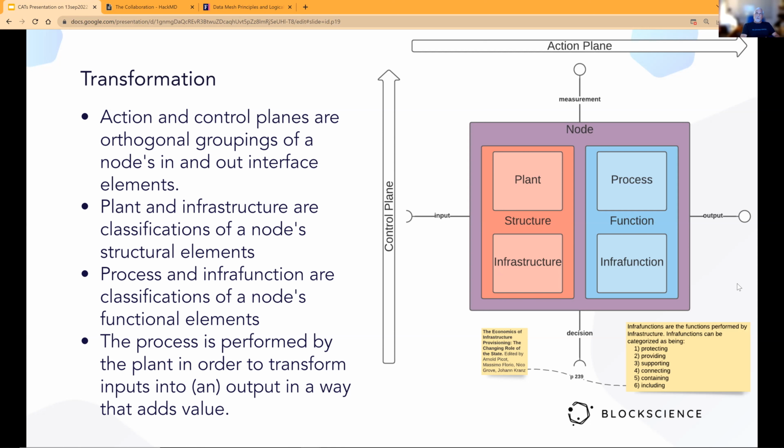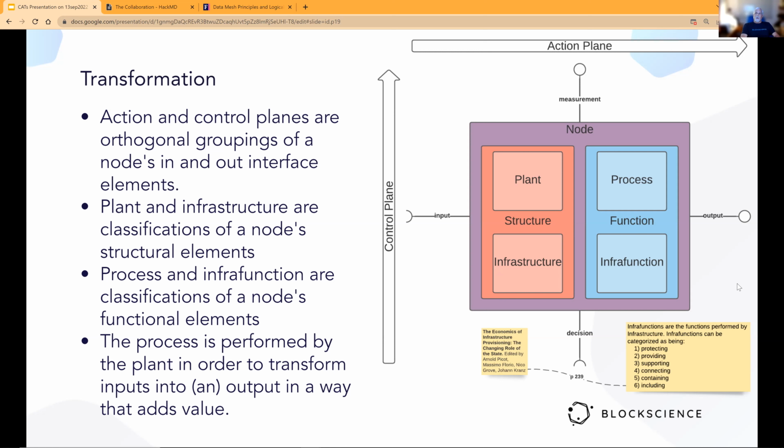Basically, we're looking at, what is transformation? Let's start with a noun. It's always a good place to start. A transformer takes an input and produces an output. And there's a desire that some value has been added along the way to make all the processing that takes place worthwhile.